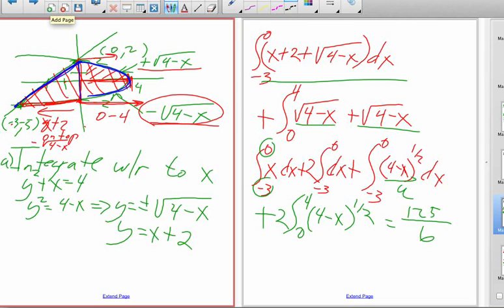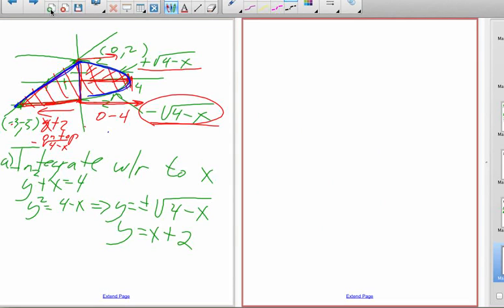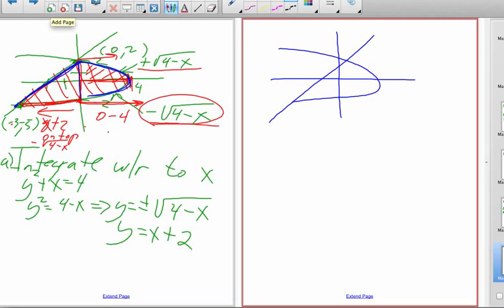Now we've already got our y bounds. So I want to come back over here. And we still got this same picture. But let's clean this up a little bit for our purposes with respect to y. And that should go through this point right here. So now the area I'm interested in is right here.